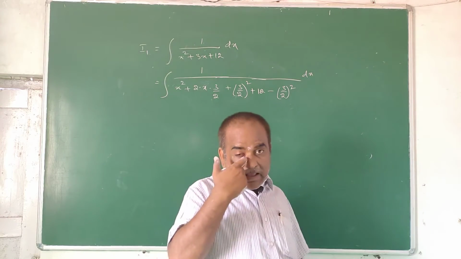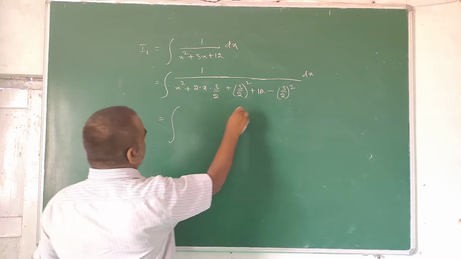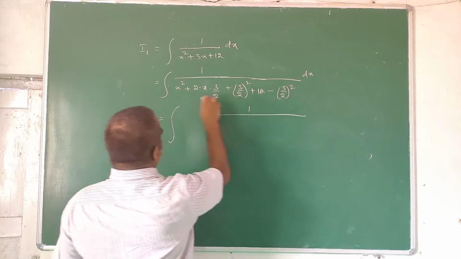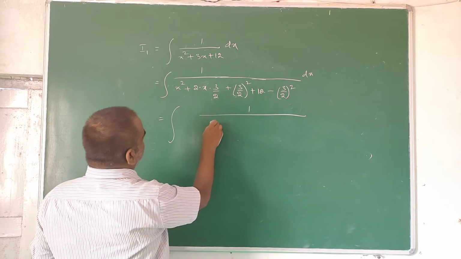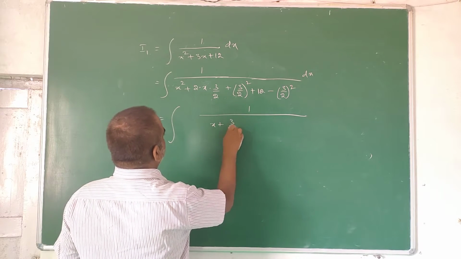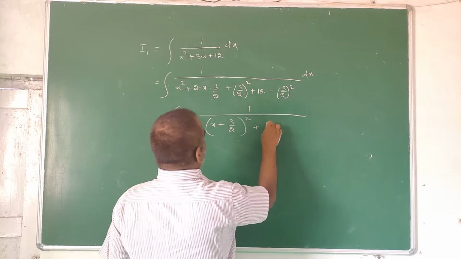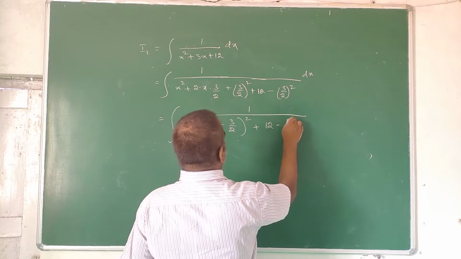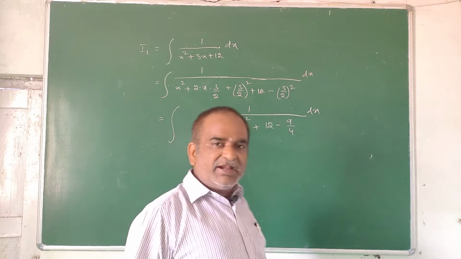So dx. So this is equal to integral 1 by, now this is the form of a square plus 2ab plus b square. A square plus 2ab plus b square is a plus b whole square. So x plus 3 by 2 whole square plus 12 minus 3 by 2 whole square means 9 by 4 dx. Did you understand?